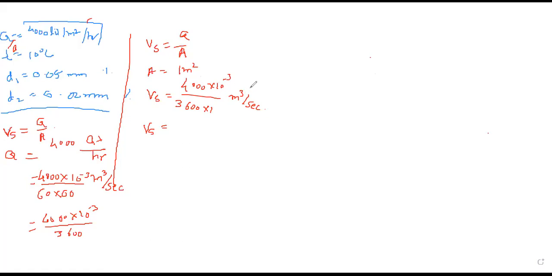Here it is given to you in meter cube per second. So Vs, when we are taking 1 here, is going to be converted into 4000 into 10 raised to minus 3 upon 3600 meter per second. Is it? Because it is a meter square and here meter cube. So it becomes meter per second. This is velocity, settling velocity.